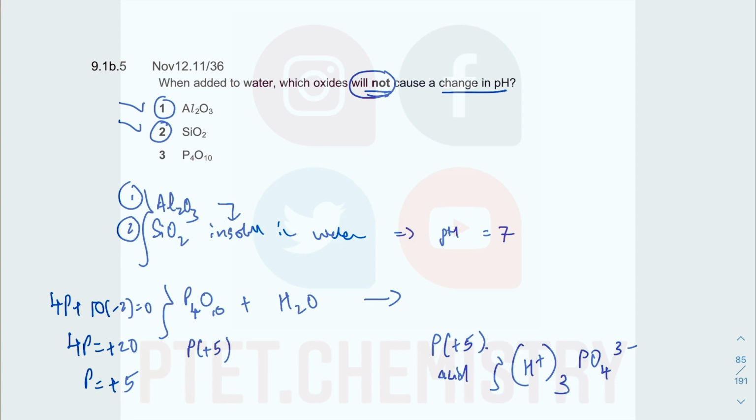When you work out the oxidation number of phosphorus in PO4 3 minus, each oxygen is minus 2, you have 4 of it. It's a phosphate, which you have learned in GCSE or O level as part of polyatomic ions.